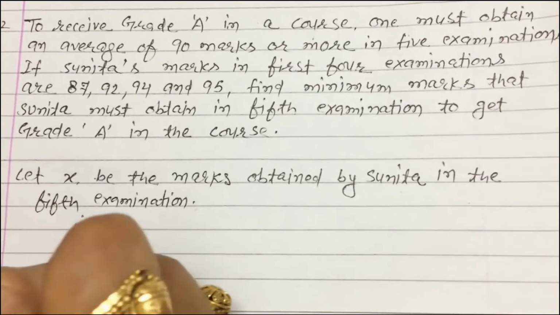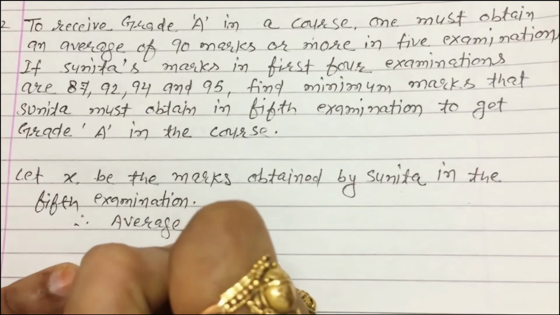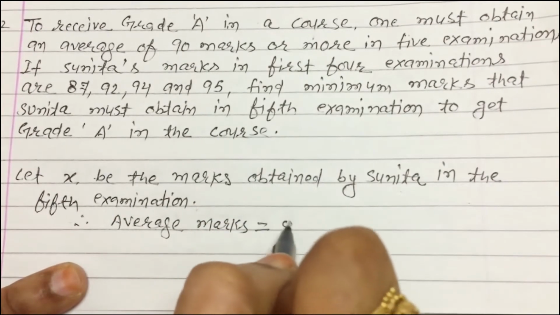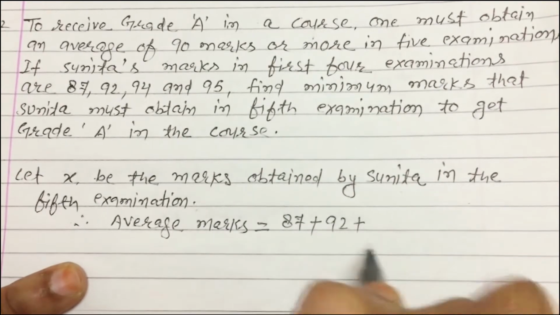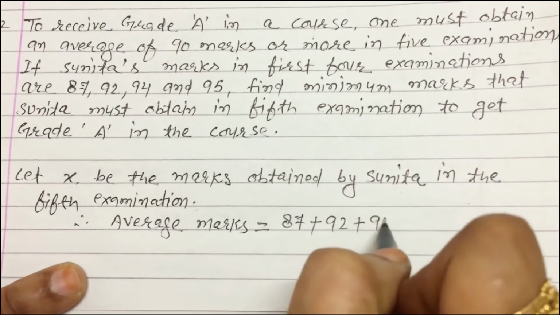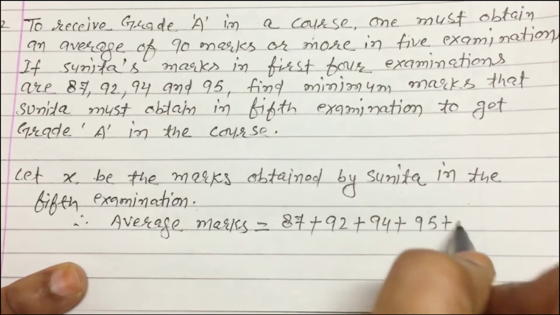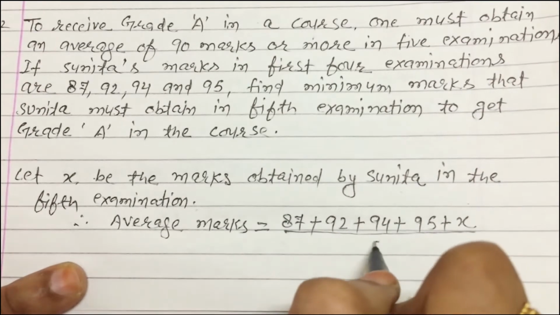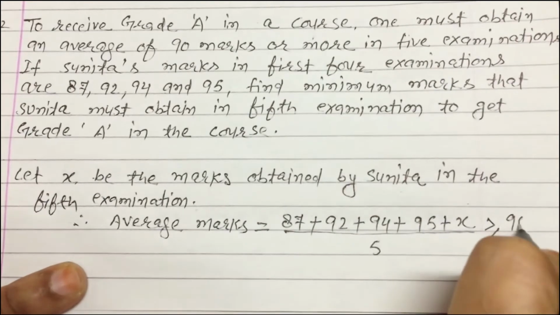Now the average marks: 87 plus 92 plus 94 plus 95 plus X, divided by 5, is greater than or equal to 90.